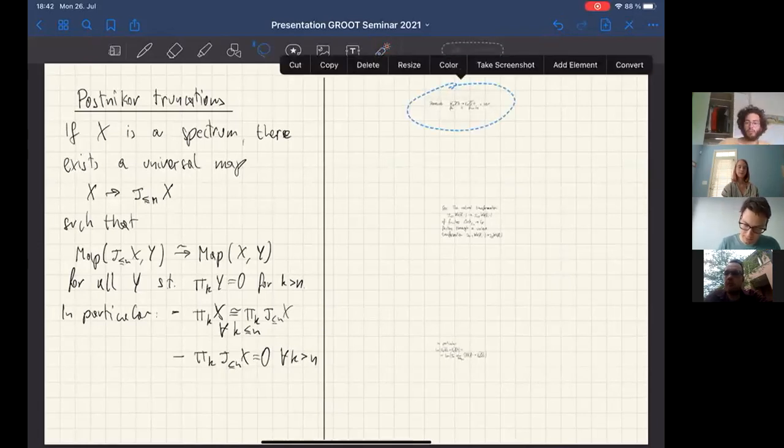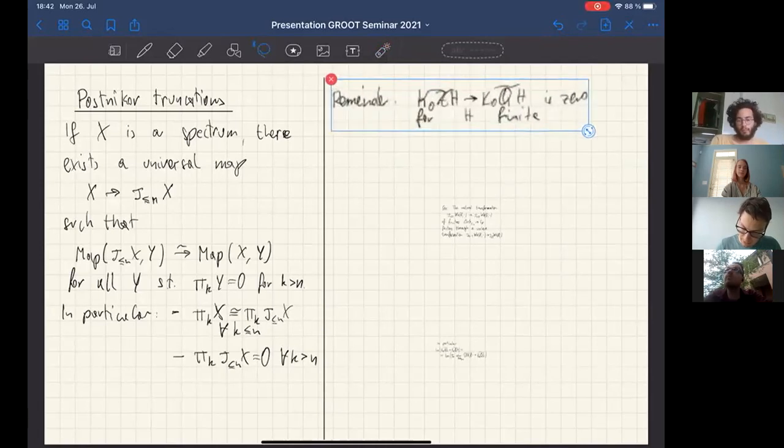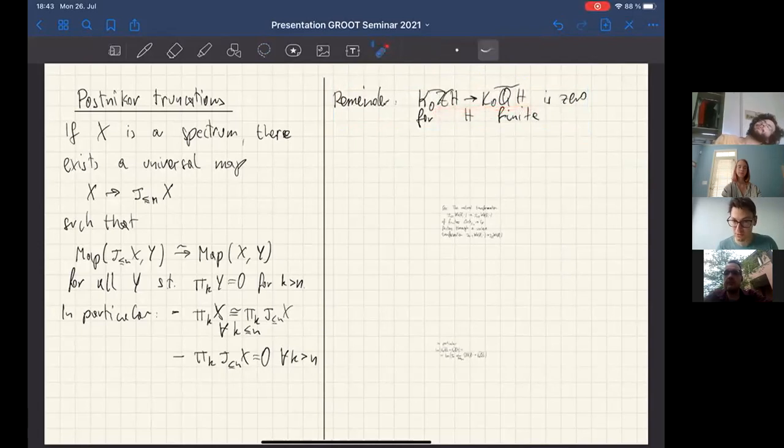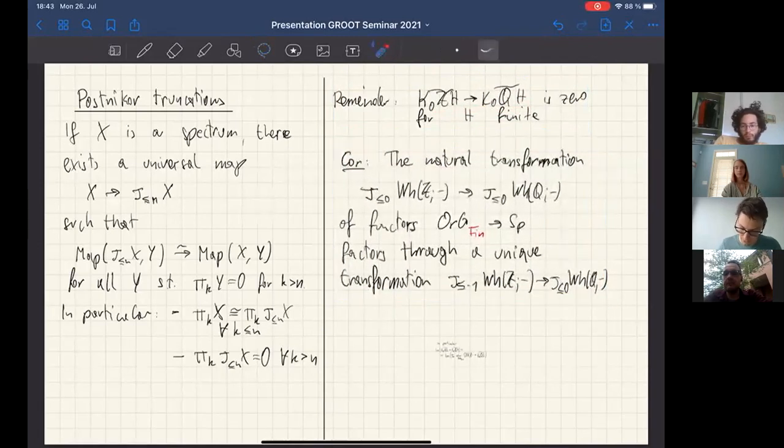Since it has this universal property, let me come back to what we're interested in. We already know that on K_0 for finite groups, this map is 0. Now, if we look at the entire natural transformation between those functors, once we truncate down to 0, this now only has information in two degrees, in 0 and -1.